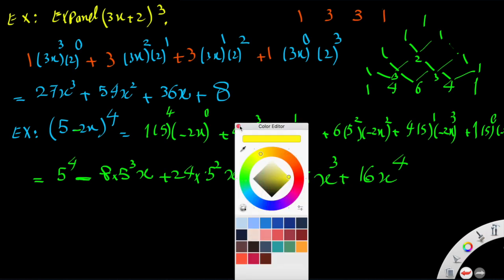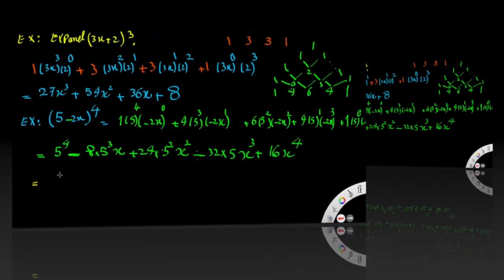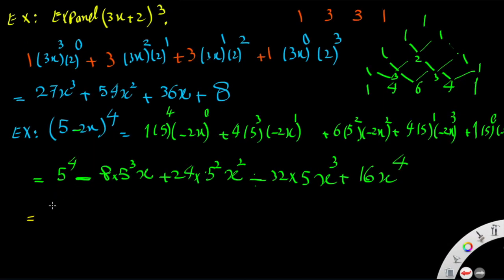Now it would be 5 to the power of 4, which is 625, minus 1200 x plus 25 times 24, which is, you can calculate here, 24 times 25, 20 times 25 would be 500 plus 4 times 25, which is 100.